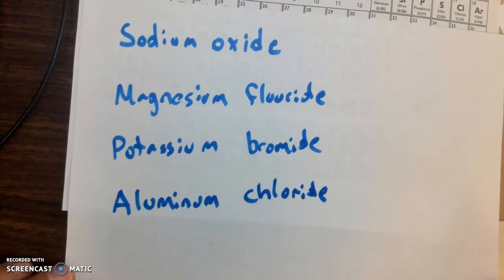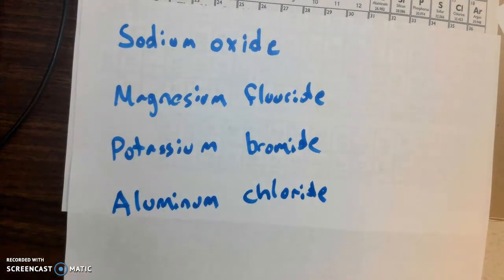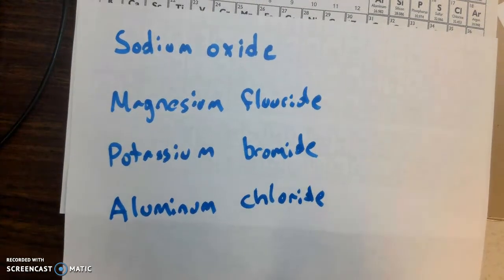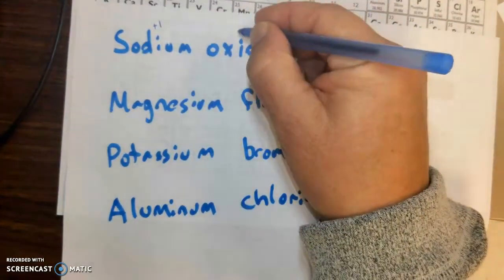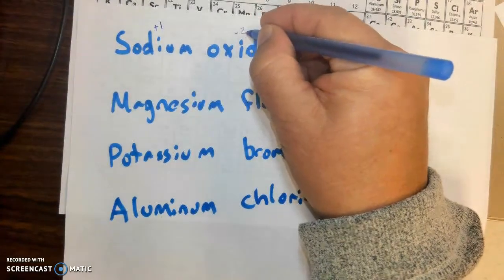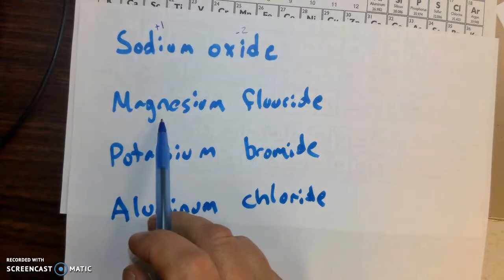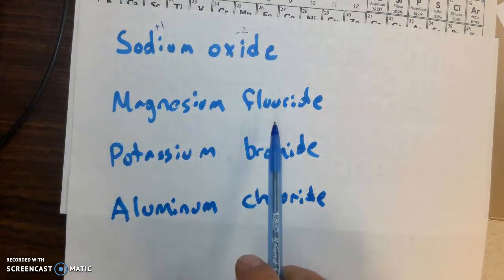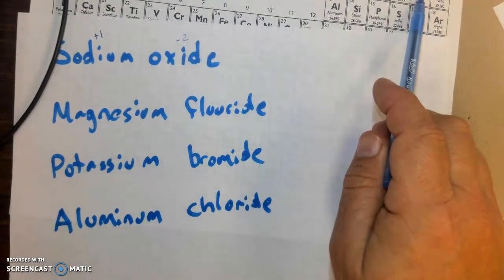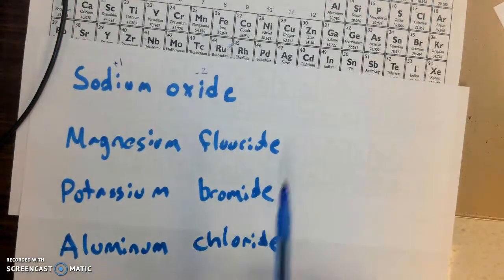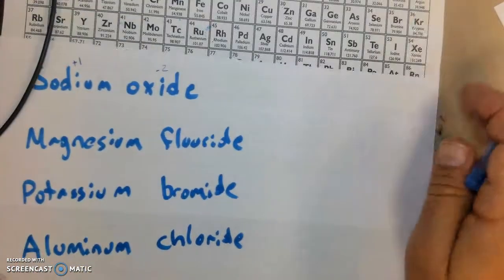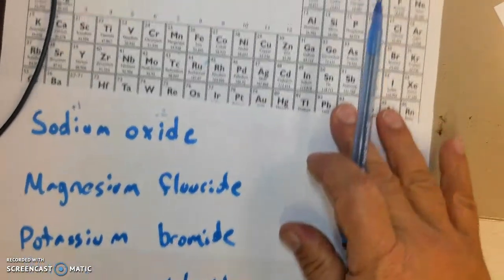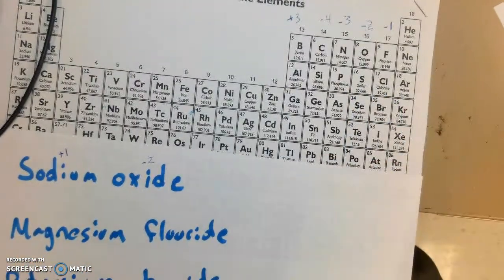Okay. So step 1 for that, I would just put the charges over the top of all those words, okay? For example, sodium is a +1, oxygen is a -2, magnesium is a, fluorine is a, potassium is, bromine is a, okay, you gotta do some thinking.